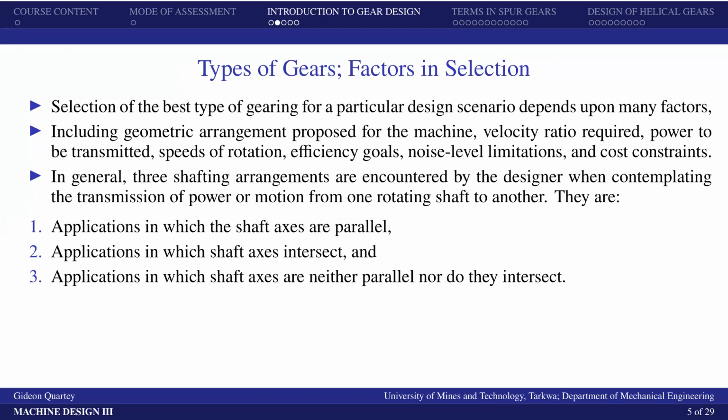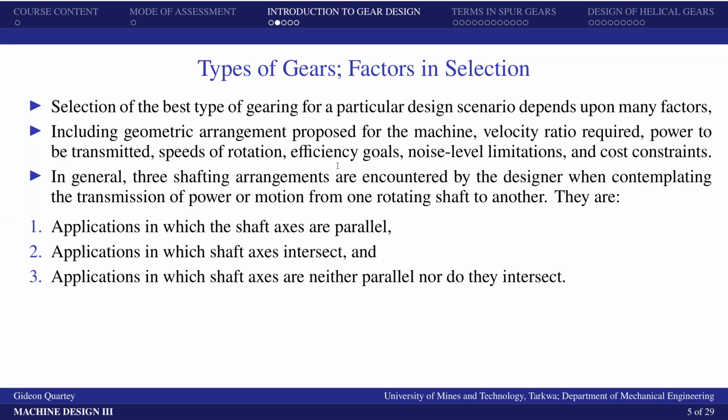Selection of gears, types of gears and selection of gears. To select the best type of gears for a particular design scenario, it depends on many factors. The factors include the geometric arrangement proposed for the machine, the velocity ratio required for that gear set, the power to be transmitted, the speed of rotation, and the efficiency needed for the system, noise levels and limitations.